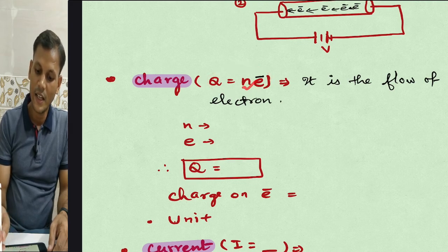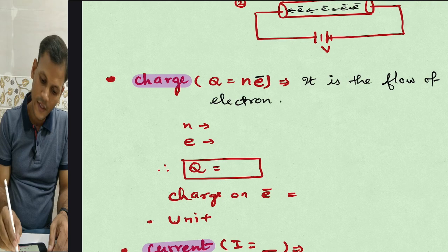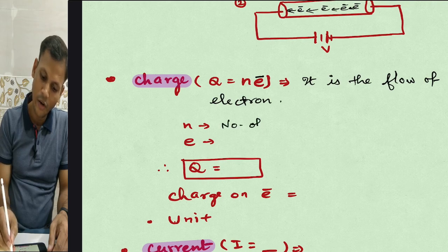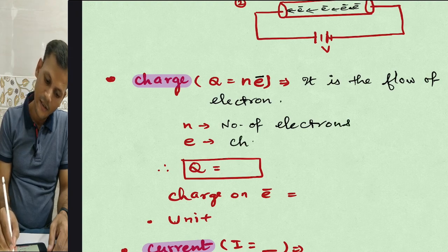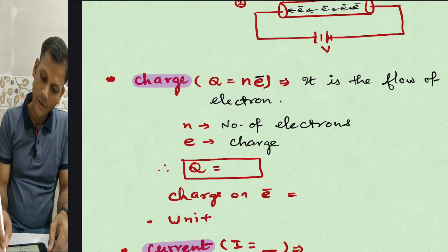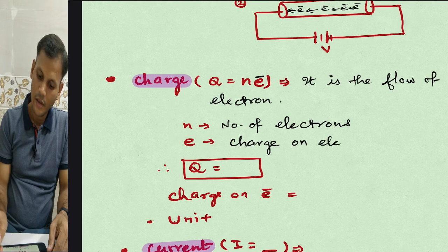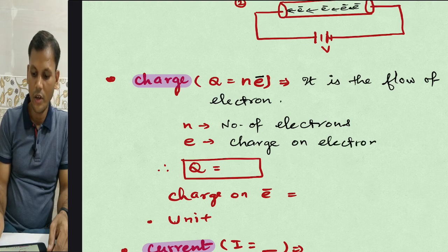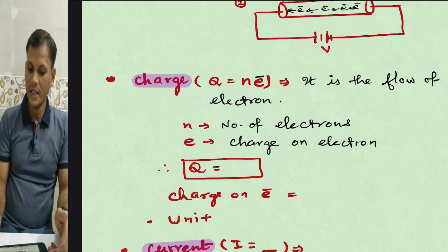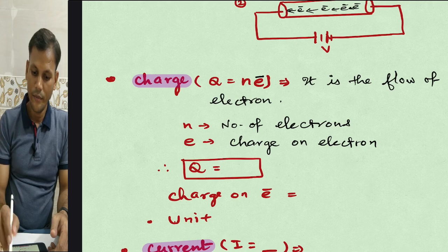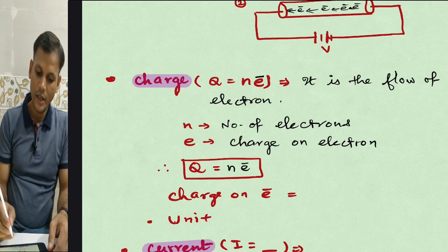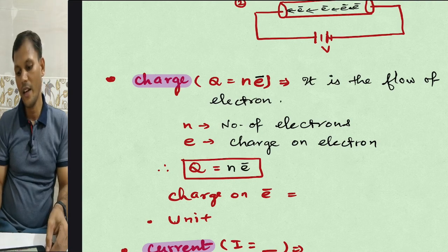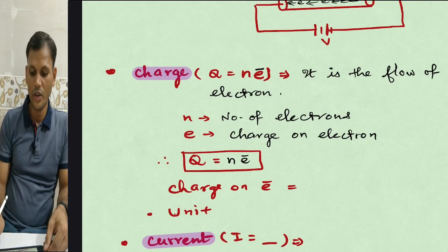Here N is the number of electrons, and e is the charge on an electron. So we can write this formula as Q is equal to Ne, where again N is the number of electrons and e is the charge on an electron.